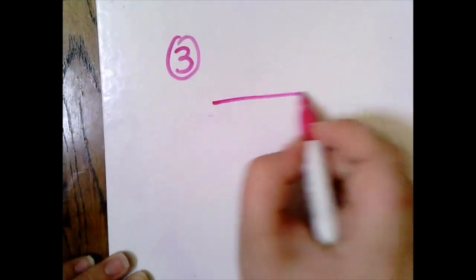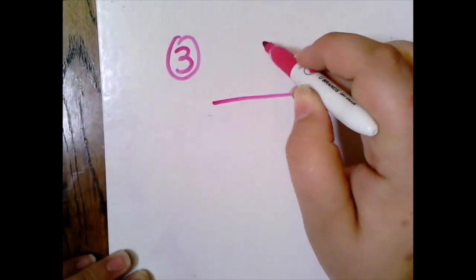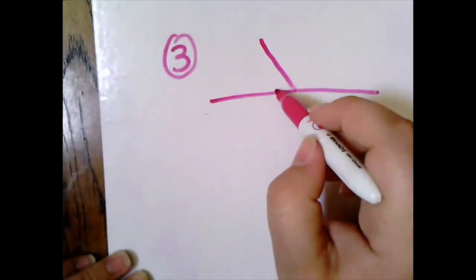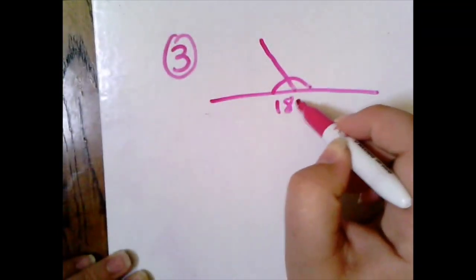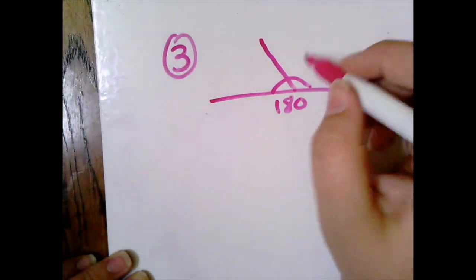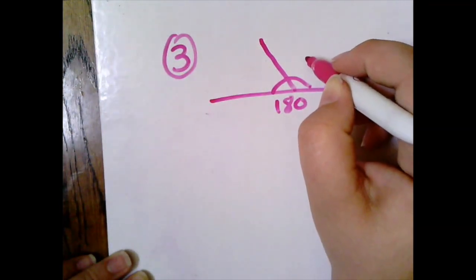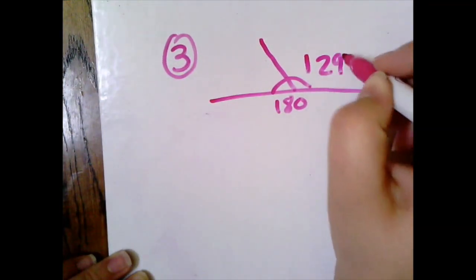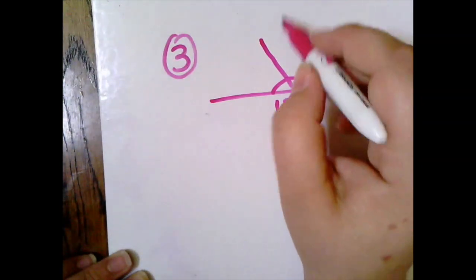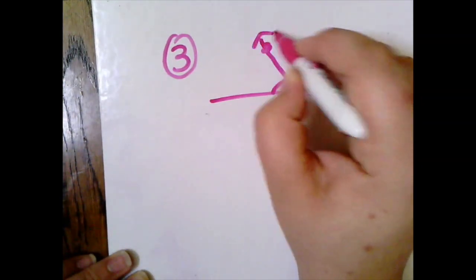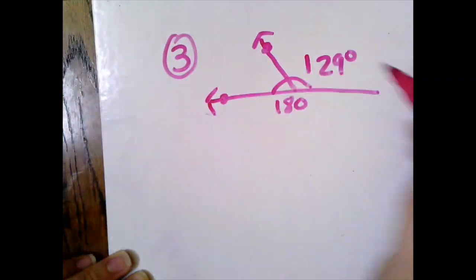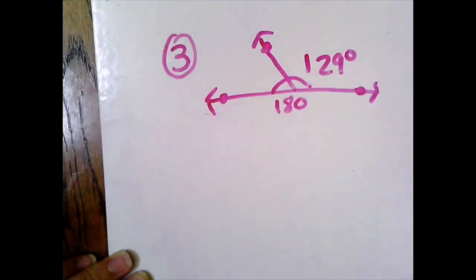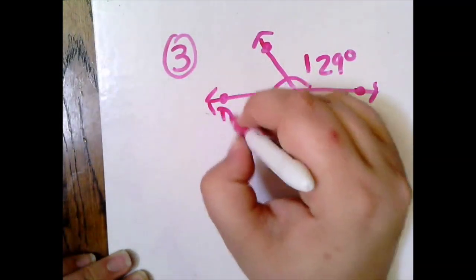Our next problem is going to be much bigger. We are going to have a supplementary angle, meaning the whole thing together is equal to 180 degrees. One of our angles is going to be equal to 129 degrees. And we are going to label our points here. Hopefully you remember that from class.